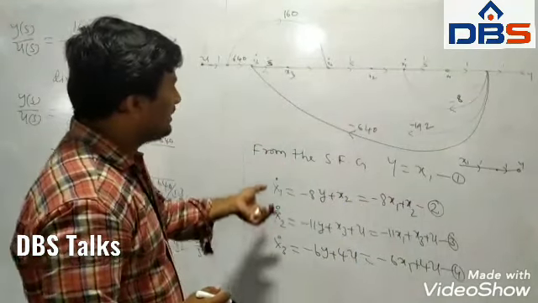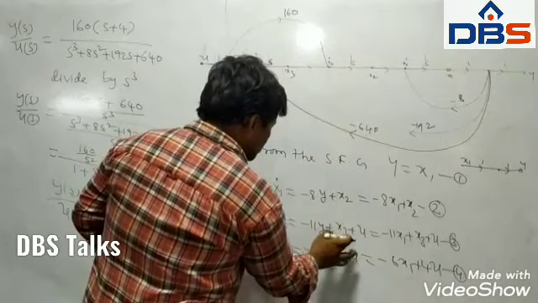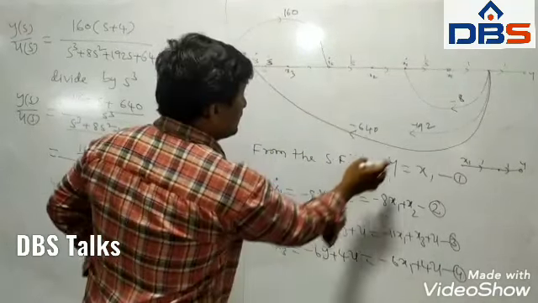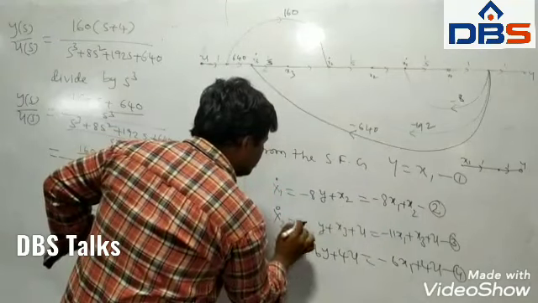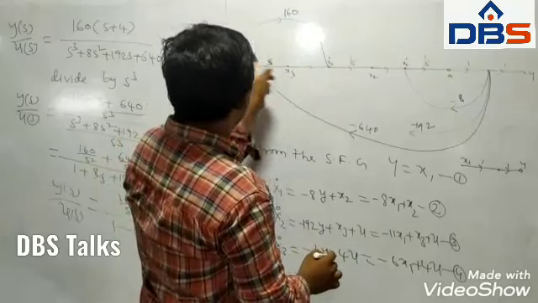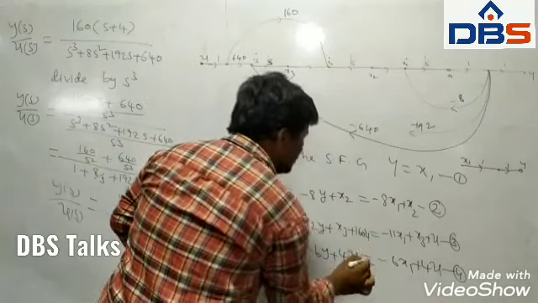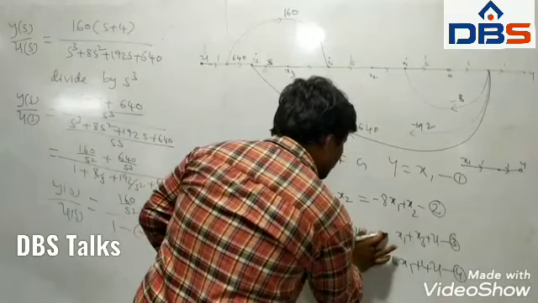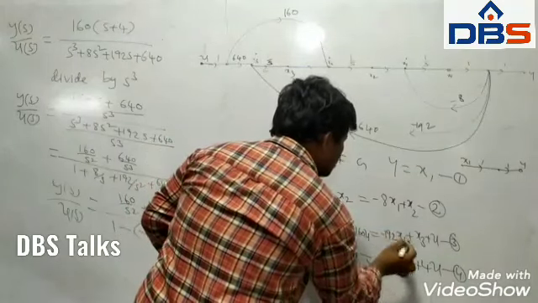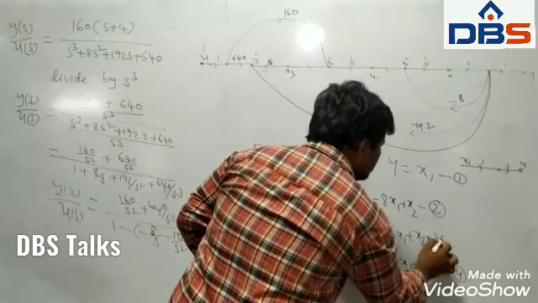And x2 bar is equal to minus 192y plus x3 plus 160u, that is minus 192x1 plus x3 plus 160u.